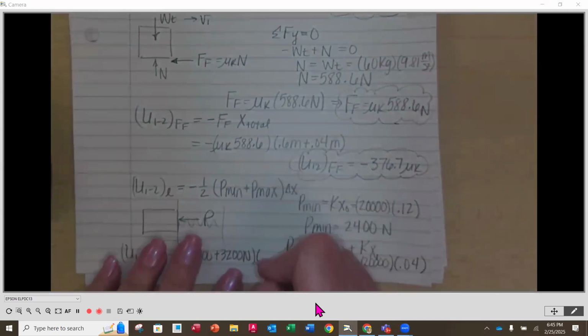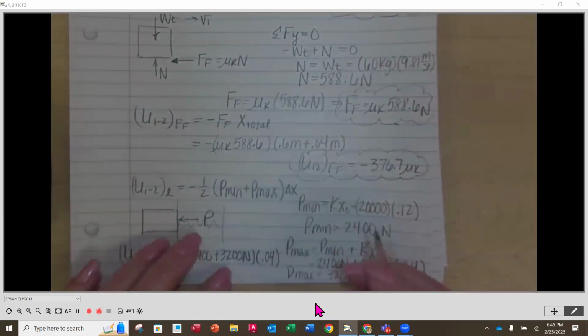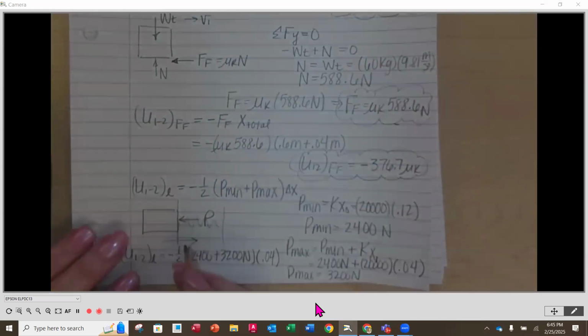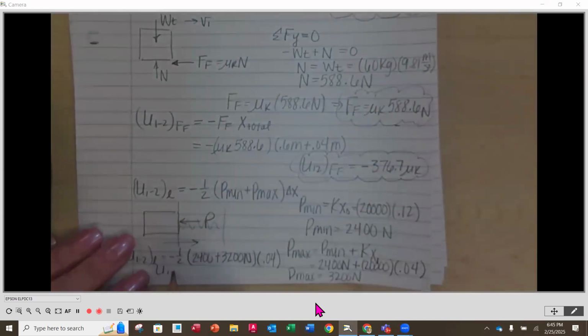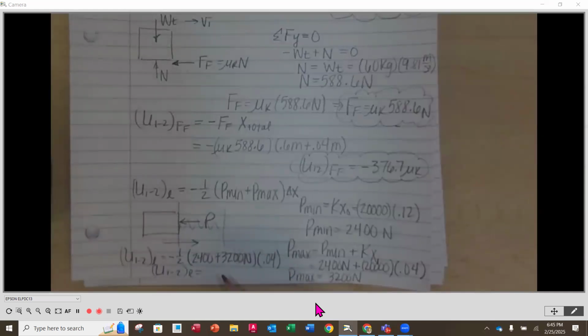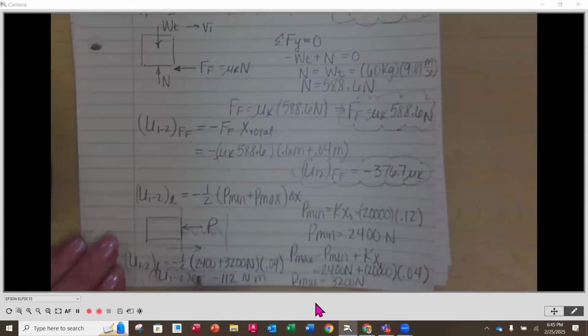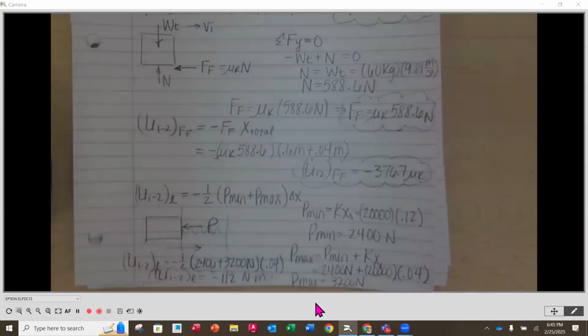And that's going to be 0.04 meters, because that's when it hits and it's going to go that additional amount. So our work done by the spring from 2 to 2E should come out to be -112 Newton meters. And I'll put my little cloud around there.